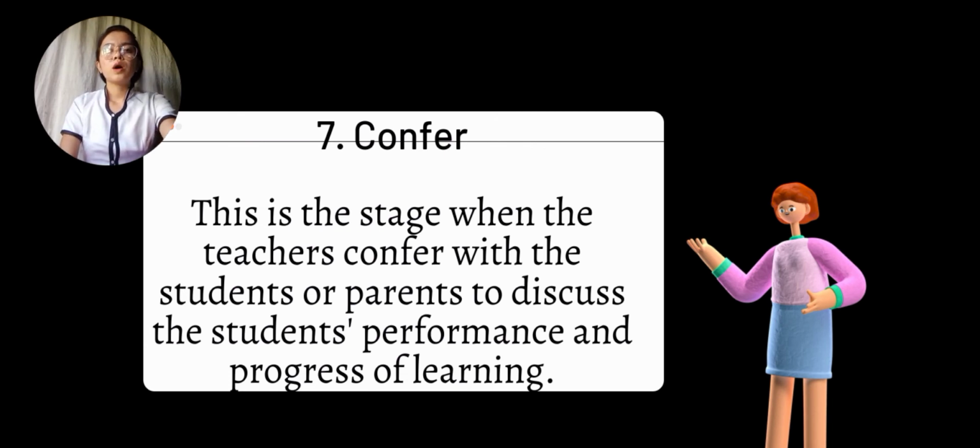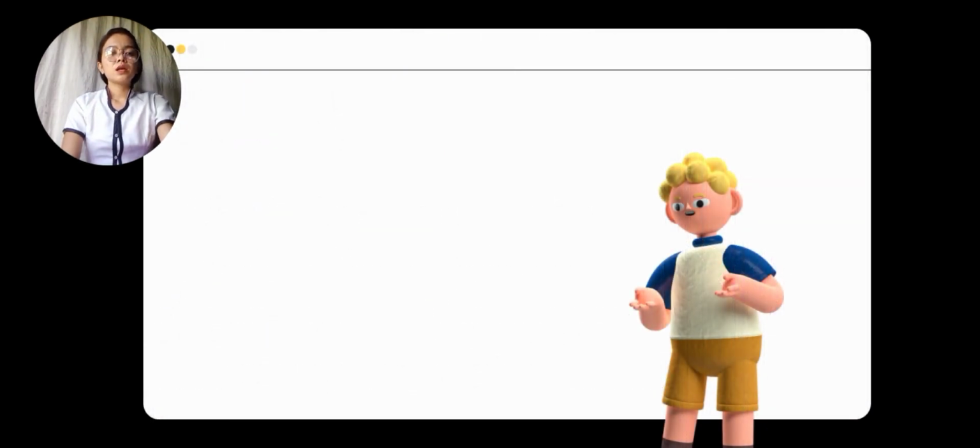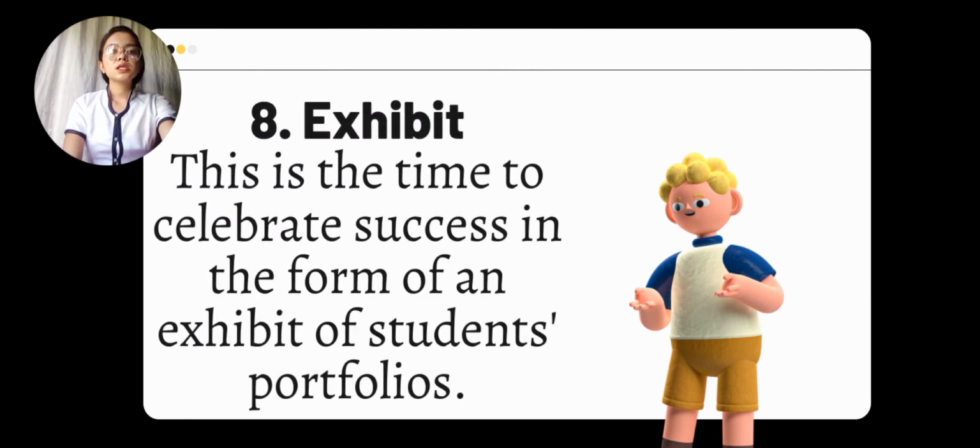The last one we have, exhibit. This is the time to celebrate success in the form of an exhibit of students' portfolios. The highlight of the exhibit is the awarding of the best learning portfolio.